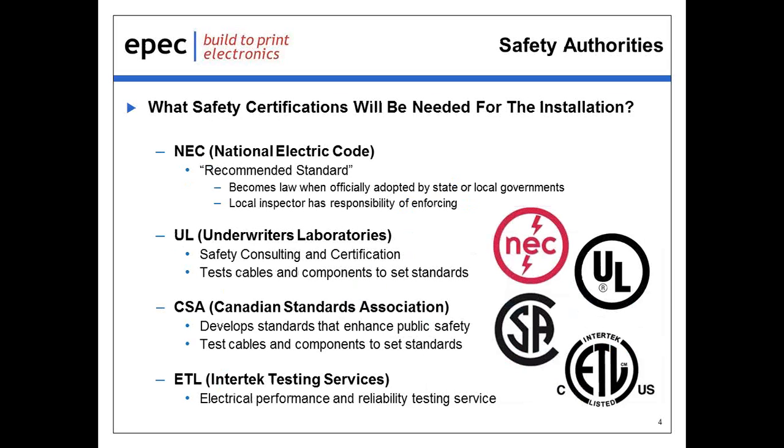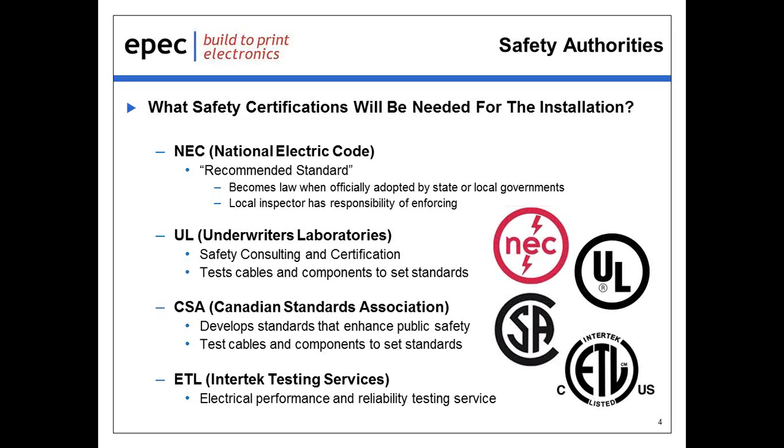One of the major considerations that we need to take into account when deciding on an assembly is what type of safety and performance certifications will be needed based on the application or the installation that the assembly will go into. Highest on the agenda would be the NEC, or the National Electric Code.